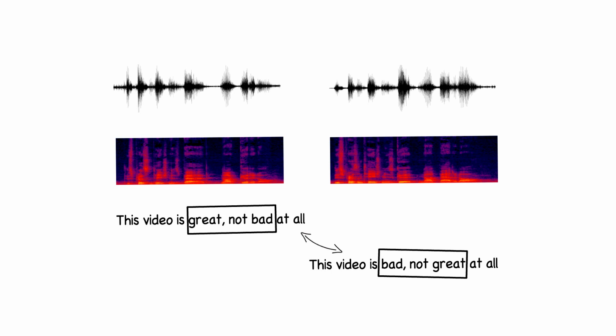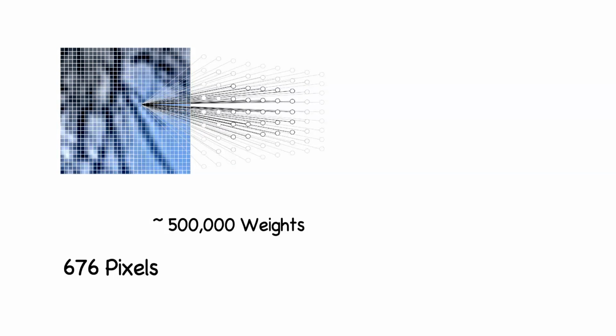So we've established that the order of inputs contains information. The good news is that we can also use this to our advantage in multiple ways. There are 676 pixels or inputs in this image. If we fully connect these inputs to another layer in a neural network, we have almost 500,000 weights in our model. But we know that pixels are most relevant in the context of the pixel next to them in time or space.